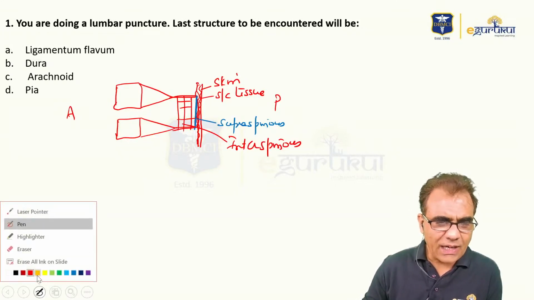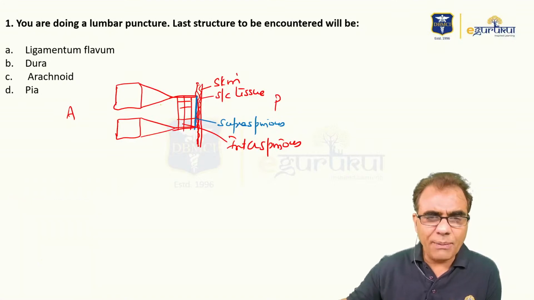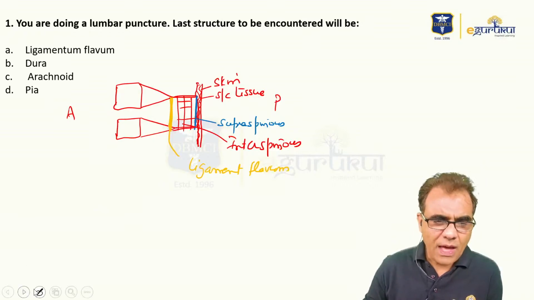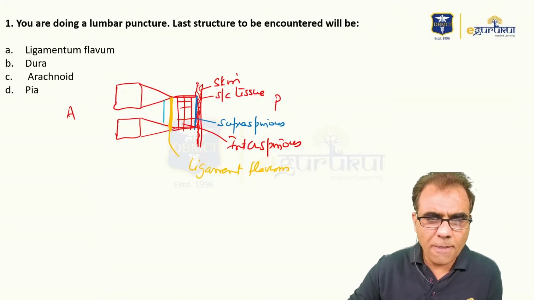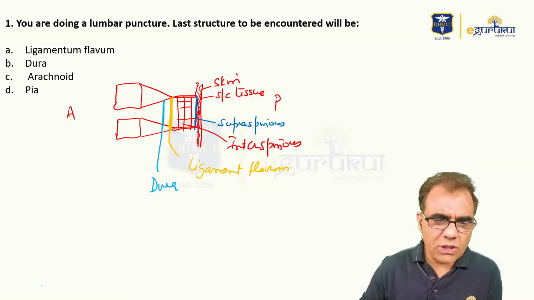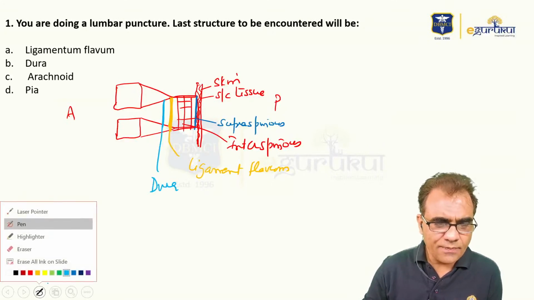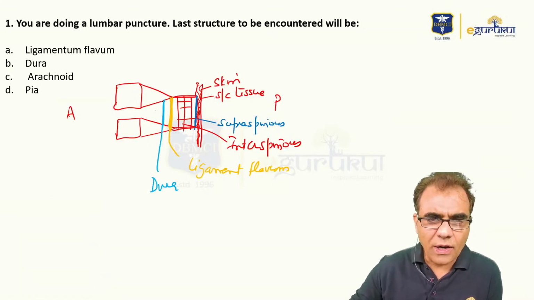And after that, it is ligamentum flavum, which you know is also called the yellow ligament of the body. And then you know is the dura, and almost adhered to the dura is arachnoid.